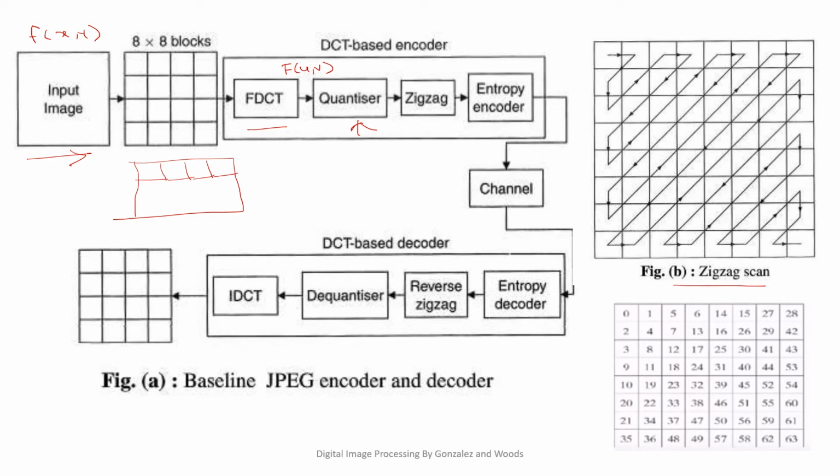So we are going to place the coefficients like this: 0, 1, 2, then 3, 4, 5, then 6, 7, 8, 9, 10, and so on. The last one will be 63. So 0 to 63, why? Because it is 8 by 8, so there will be 64.